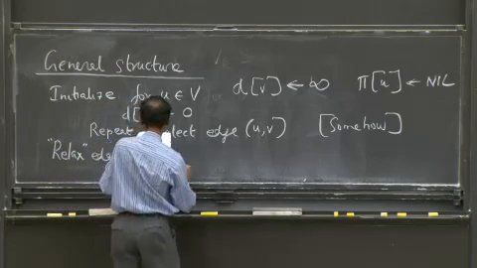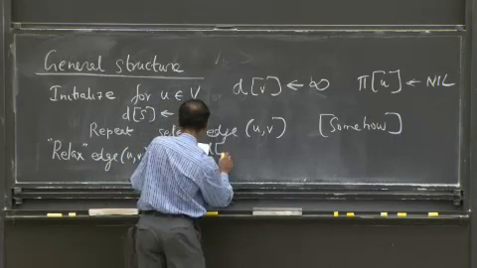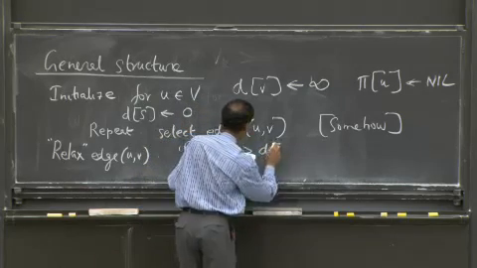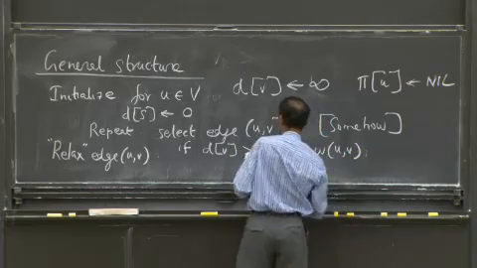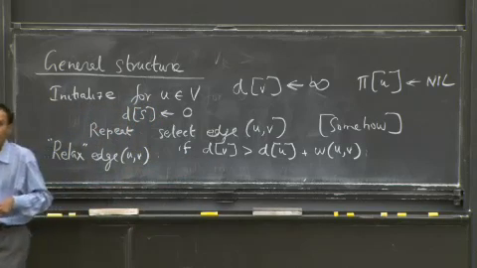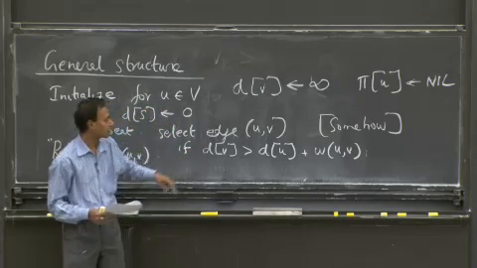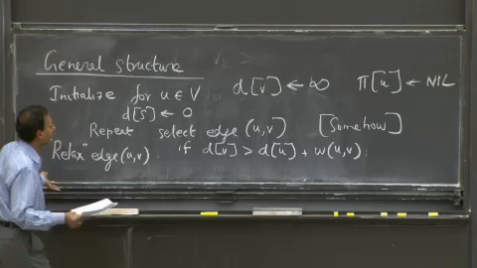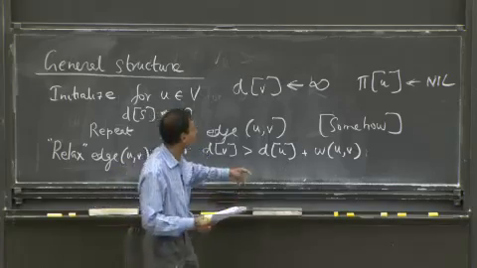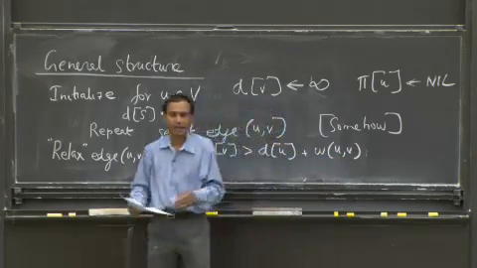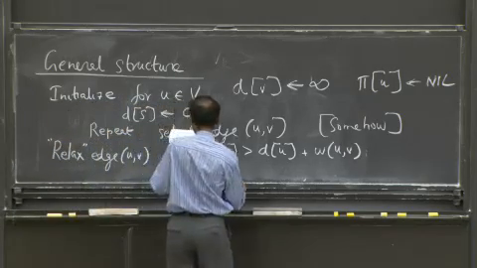The notion of relaxation is that you look at it and say, well, if d of v is greater than d of u plus w uv, then I've discovered a better way of getting to v than I currently know. So d of v could currently be infinity, which means I haven't found a way of getting to v yet. But I know that d of u, for example, is a finite number, and I do know that this edge exists from u to v, which means that I can update the value of d of v, and that's what we call relaxation of the edge uv.